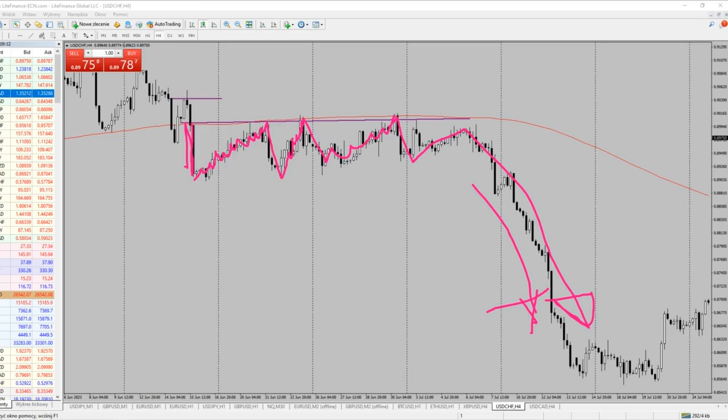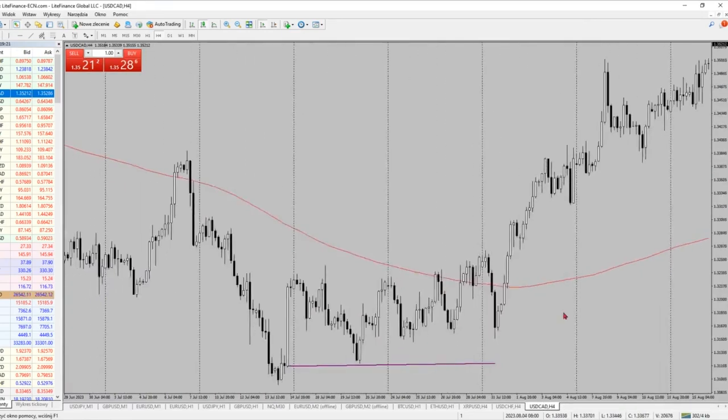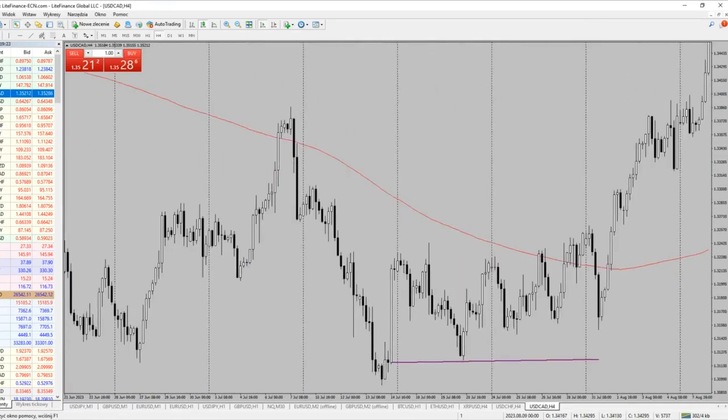Very similar is going to work in the opposite direction when we are looking for a move to the upside. There was a move to the downside, and as I mentioned, you don't want to trade a big breakdown at the bottom. Here there was a strong move to the upside, one single candle.